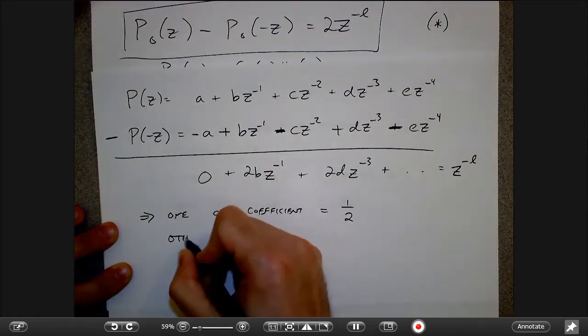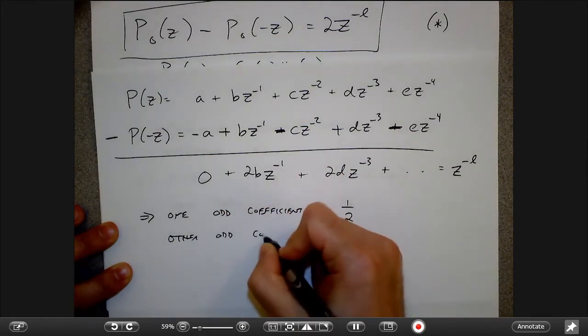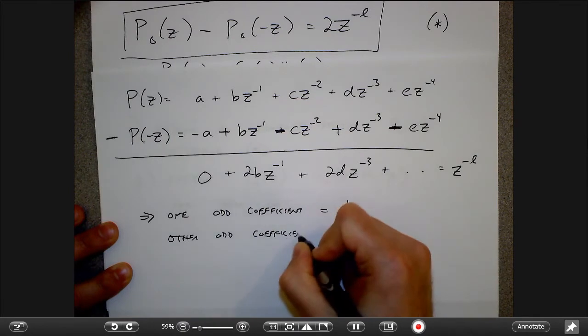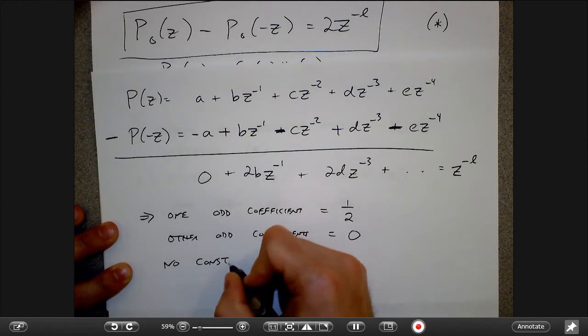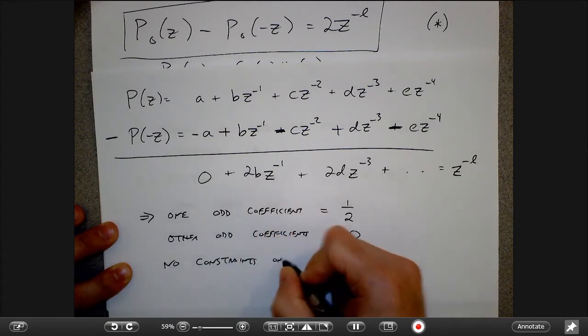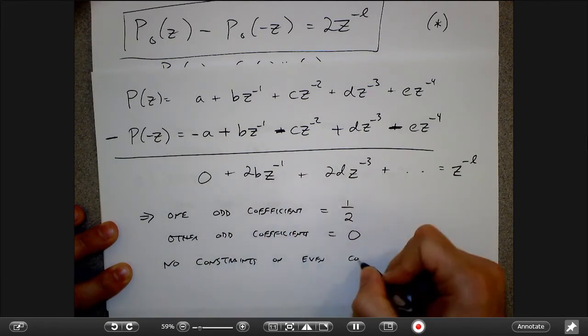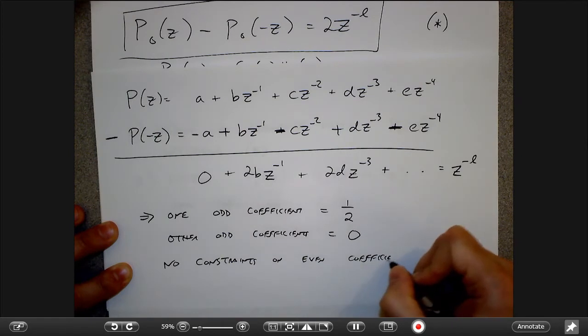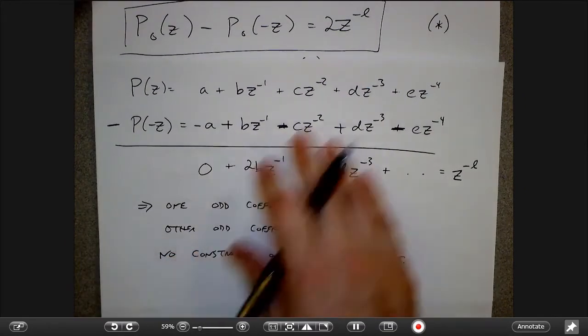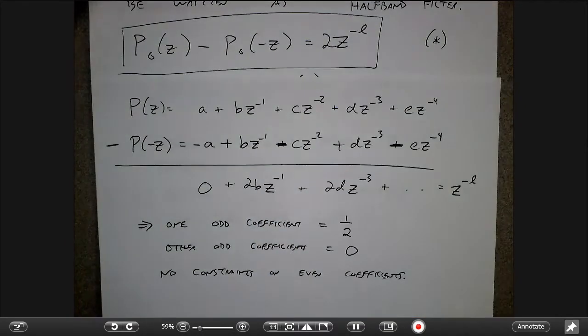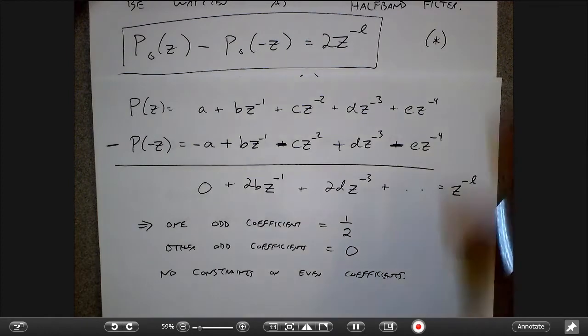The other odd coefficients have to equal 0, and then there are no constraints on the even coefficients. Right? So that kind of gives me a lot of freedom to design these half-band filters. And so let me give you an example and then kind of show you how this thing would work.